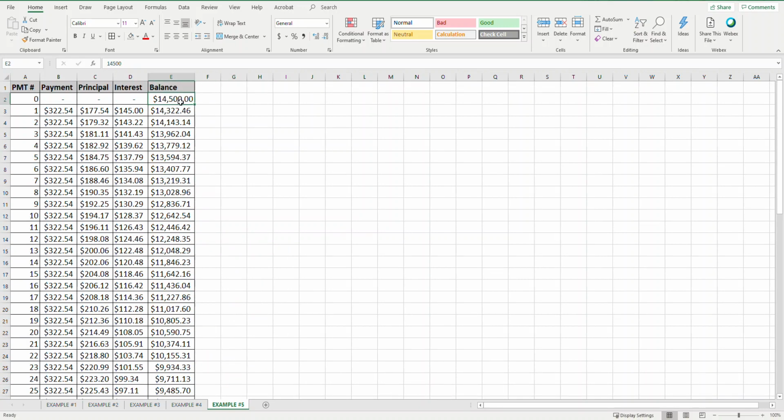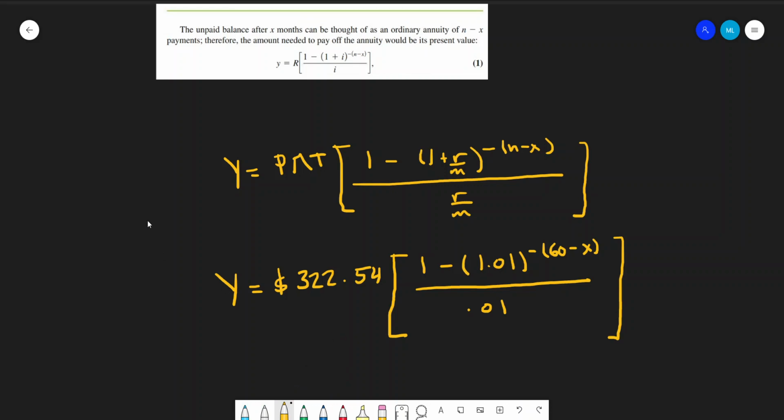Okay, so in any case, you don't really need to use any kind of special formula, but you do have to know the whole process of how you can create the table if you know the payment size, or if you know just the amount that was borrowed, the interest per period, and how many payments were going to be made.